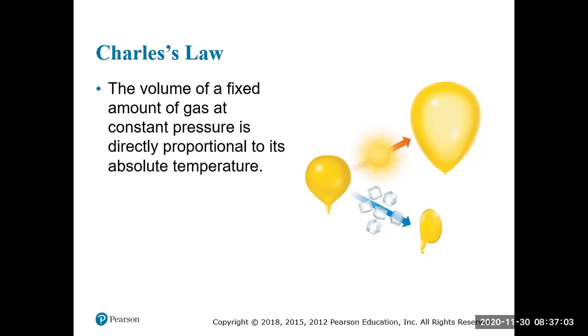This cartoon balloon on the right-hand side is simply saying that if you keep those things constant and you heat it up, it'll get bigger. If you cool it down, it'll get smaller in terms of the volume. So it kind of makes sense.